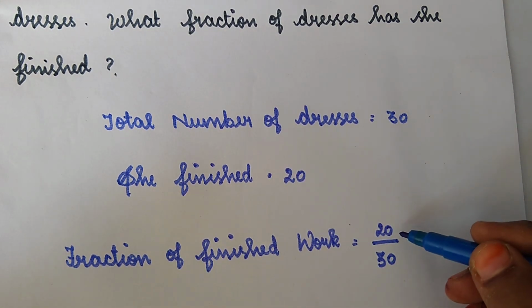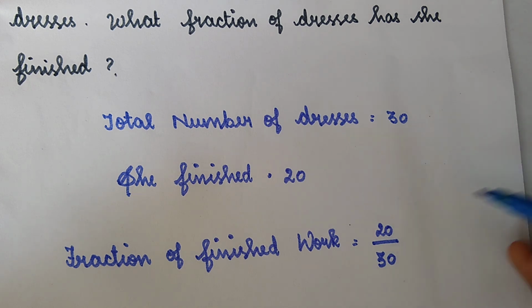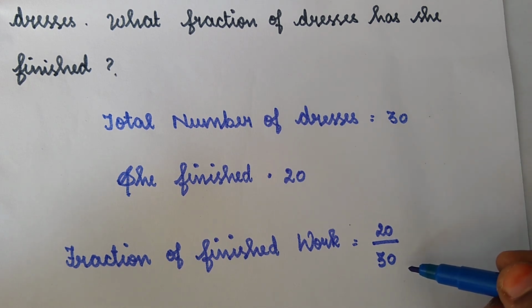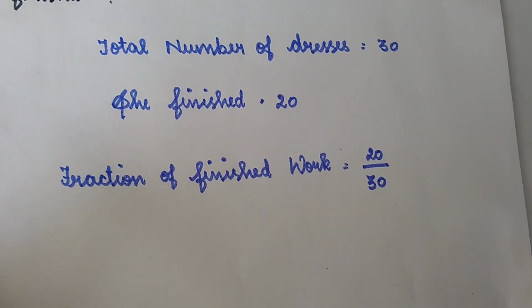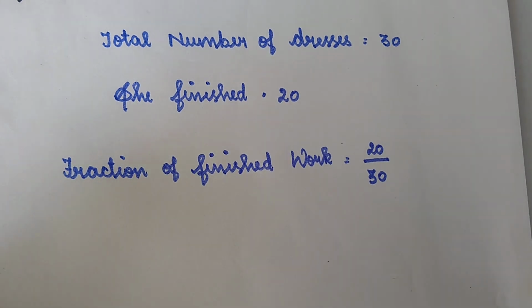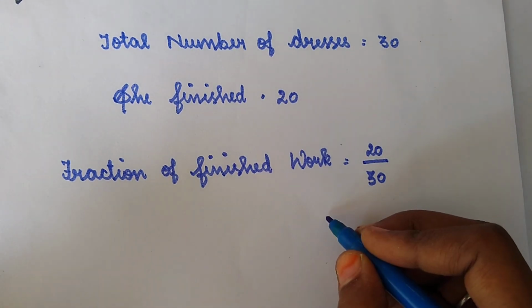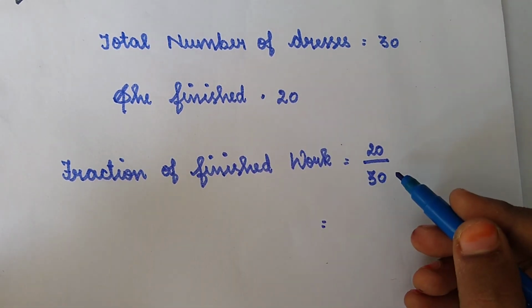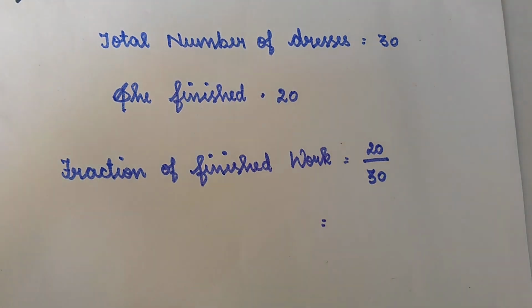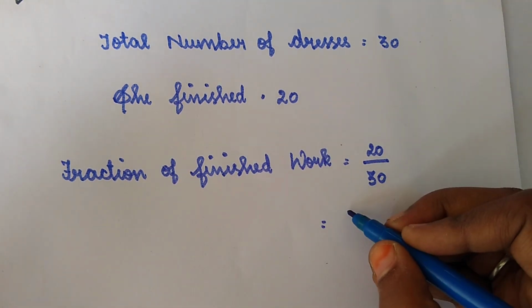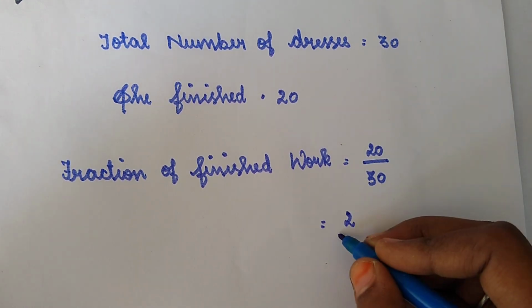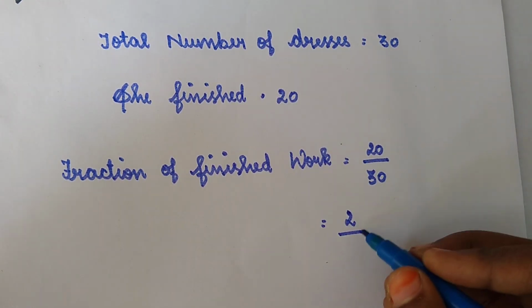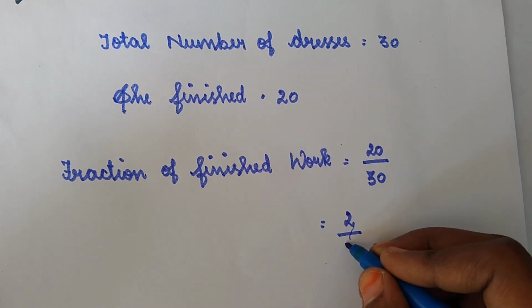The 20 is from the dyed dresses and the 30 is from the total number of dresses. So we have to convert this fraction into its simplest form. We cancel using the 10 table: 10 twos are 20 and 10 threes are 30.